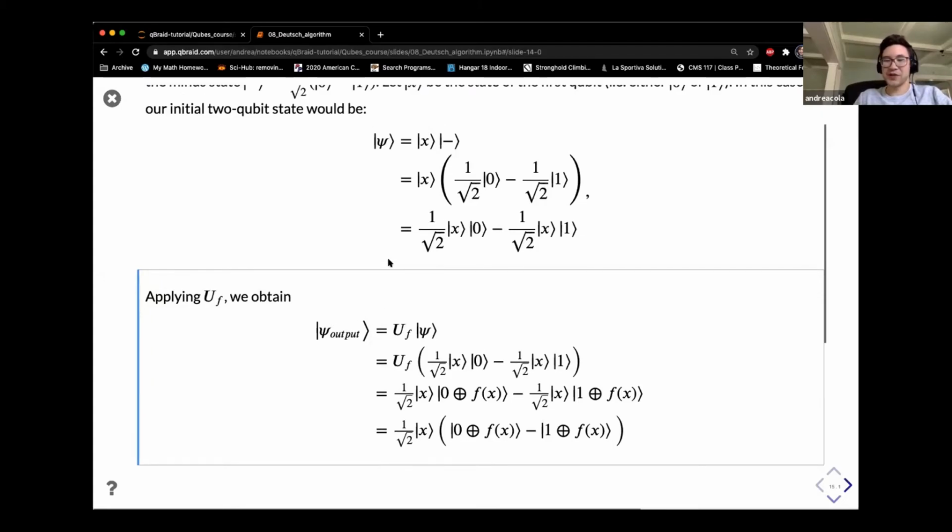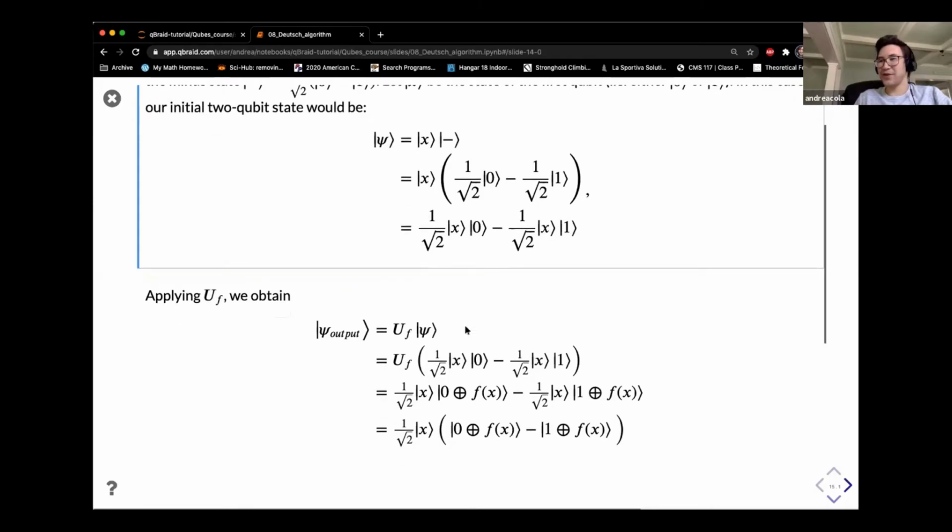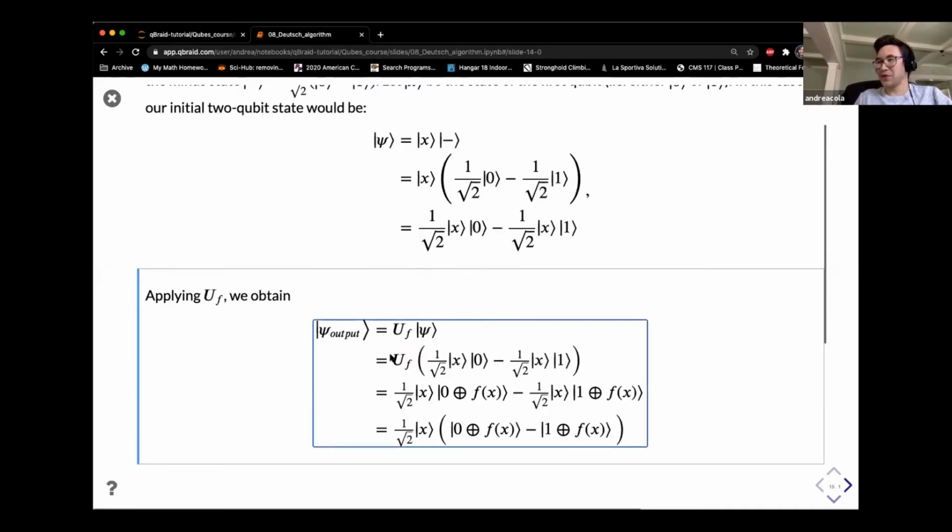First of all, are we happy with the initial state psi being equal to this expression here, x0 minus x1? Okay, so applying UF. By the way, do you actually see that I'm highlighting?